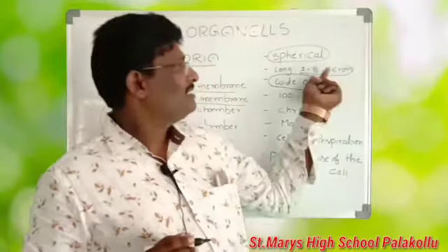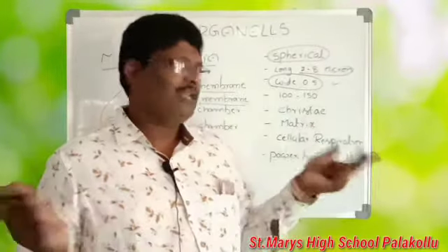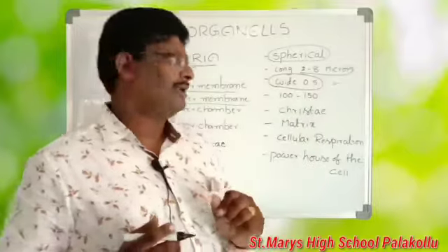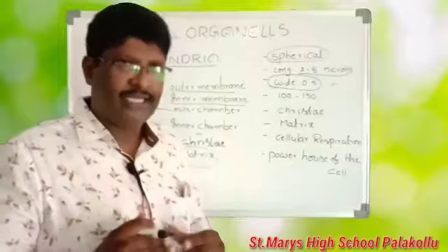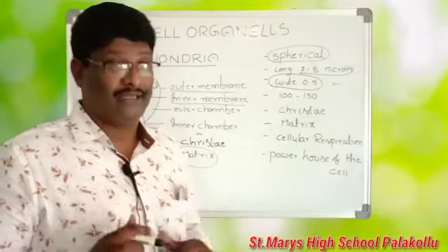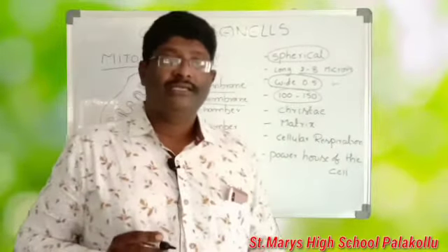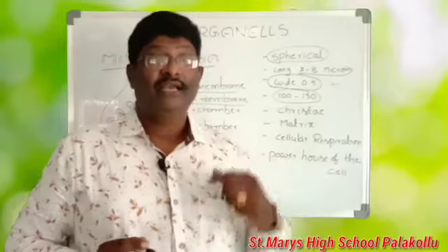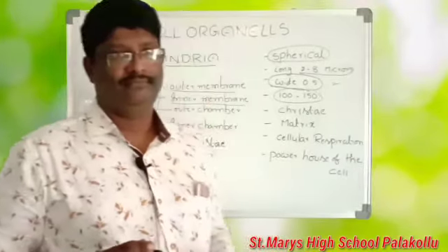Length is 2 to 8 microns. Actually, in one cell, nearly 100 to 150 mitochondria are there.